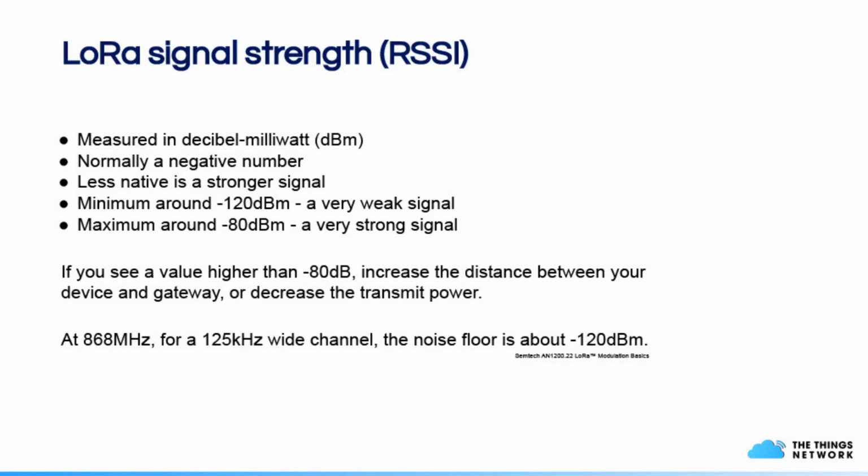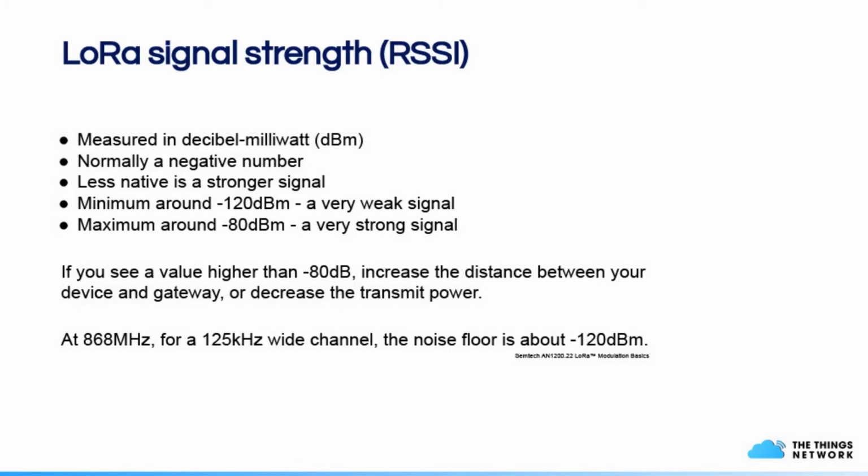LoRa signal strength is indicated by the parameter RSSI, or Received Signal Strength Indication. RSSI is measured in decibel milliwatt, or dBm. RSSI is normally a negative number, with a less negative value being better. The minimum RSSI that we would see for a standard LoRa signal is about minus 120 dBm.